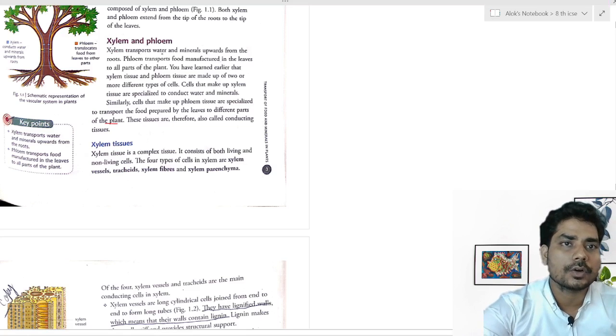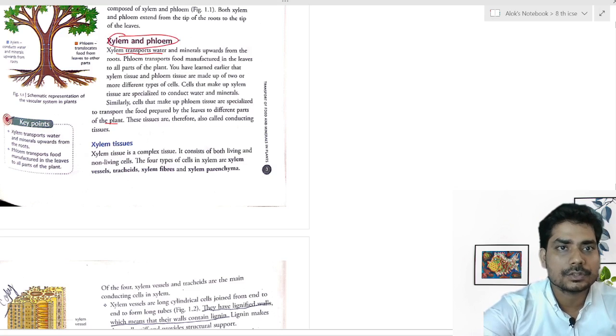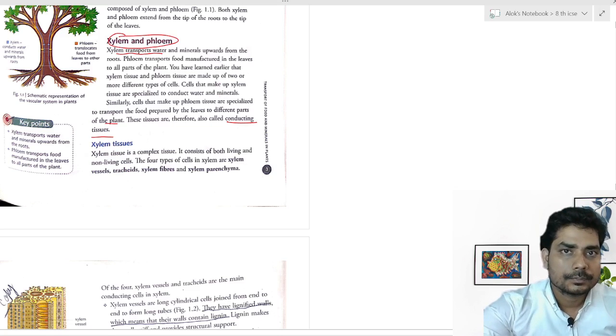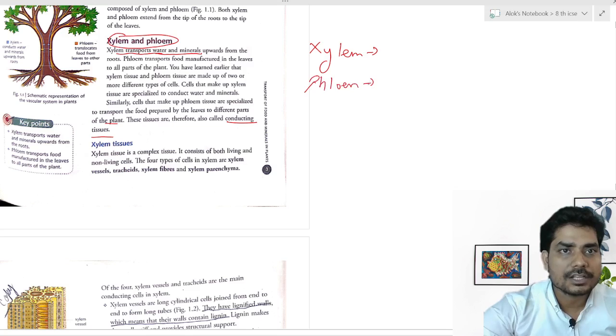Xylem transports water. Xylem and phloem are two tissues known as conductive tissues. Xylem helps to transport water and minerals from the roots, and phloem transports food manufactured in the leaf to all parts of the plant.